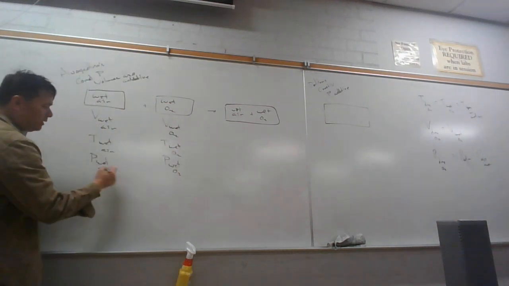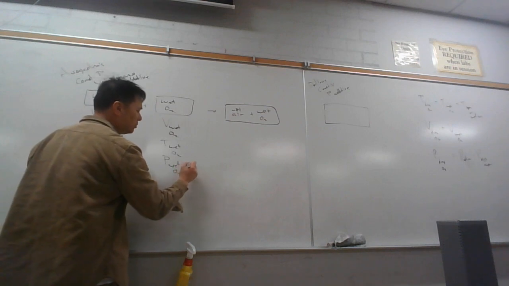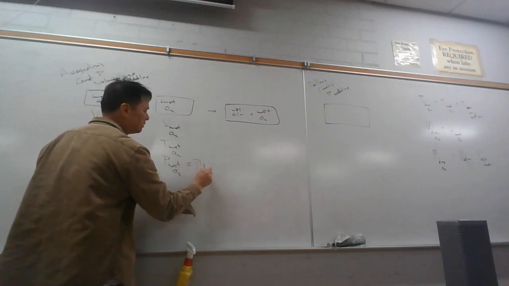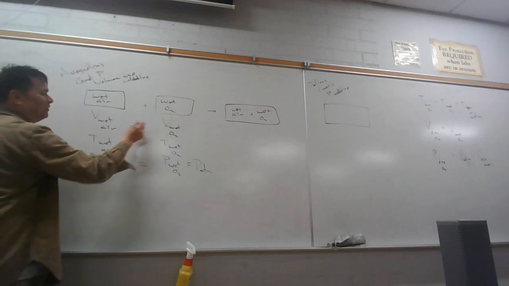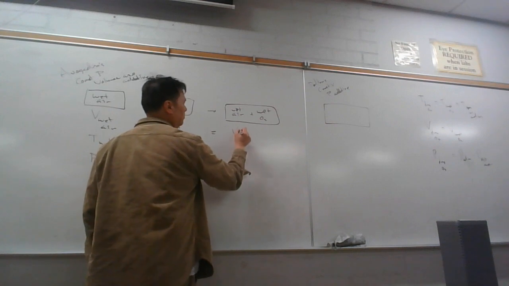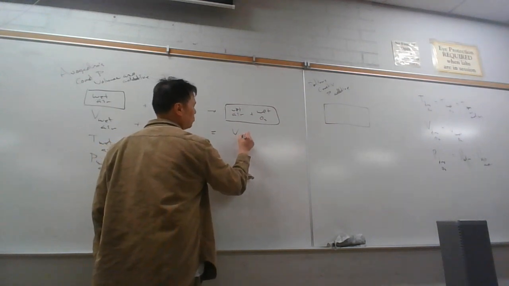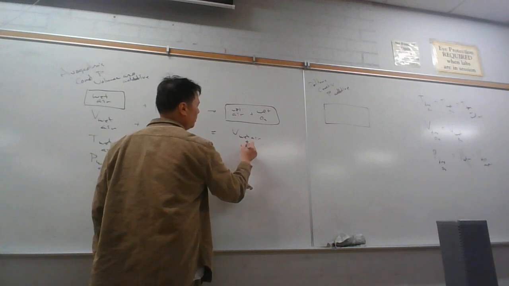So what we have here is the pressure of wet air is equal to the pressure of wet O2, which is equal to the pressure of the atmosphere. Everything has the same pressure. And then the volume of the wet air plus the volume of the wet O2 is equal to the volume of the mixture. That is wet air and wet O2.